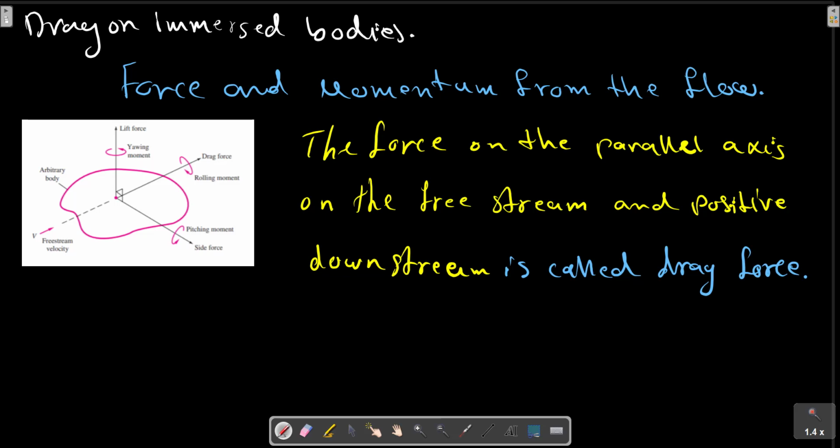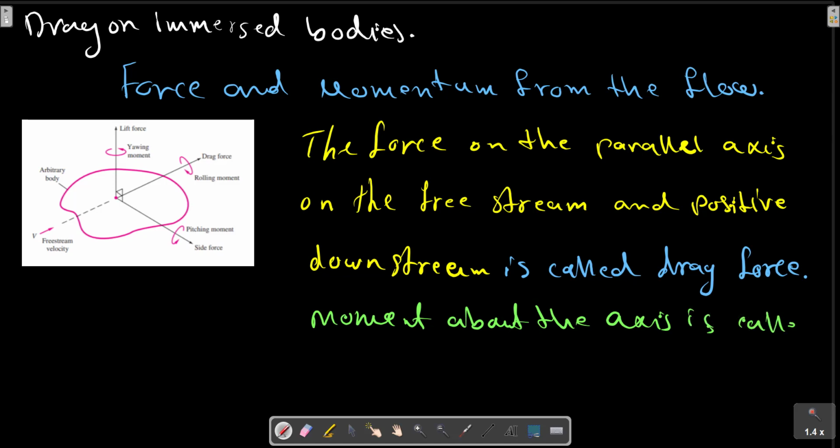And the moment about the axis is called the rolling moment.